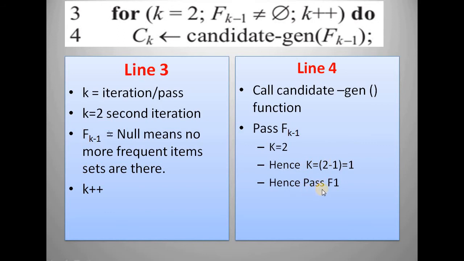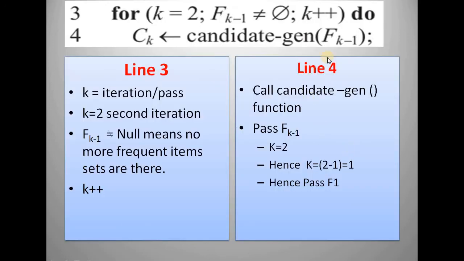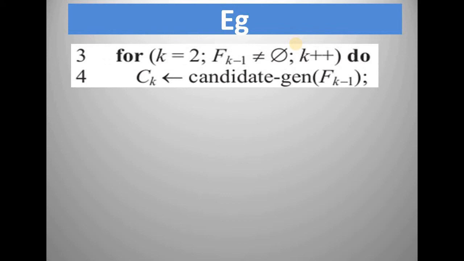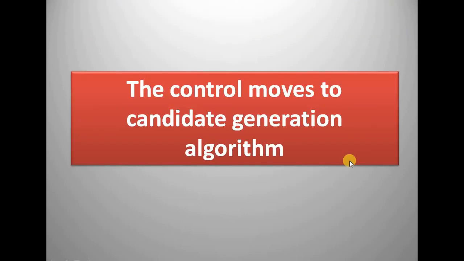Hence we pass F1. Which is F1? This one is F1. So I am passing that particular F1 to the candidate generation function. With the example for loop, F(k-1) is this one, I am passing F1.